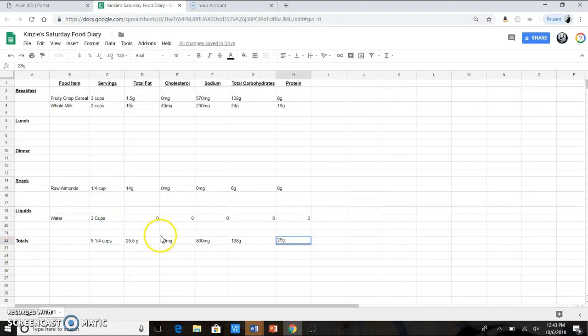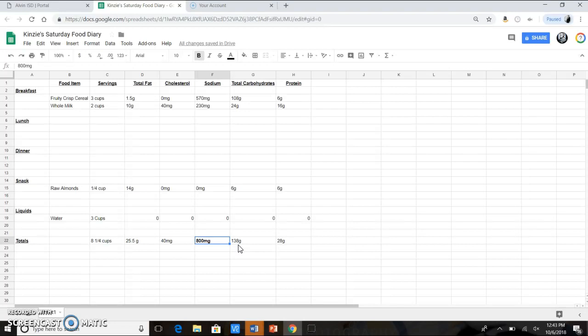Ooh, so I can see my big areas of concern are going to be right here. This is no good. Okay, way too much sodium. Total carbohydrates, probably getting pretty close. I'm just going to look here on a 2,000 calorie diet. 6 grams represents 2%.